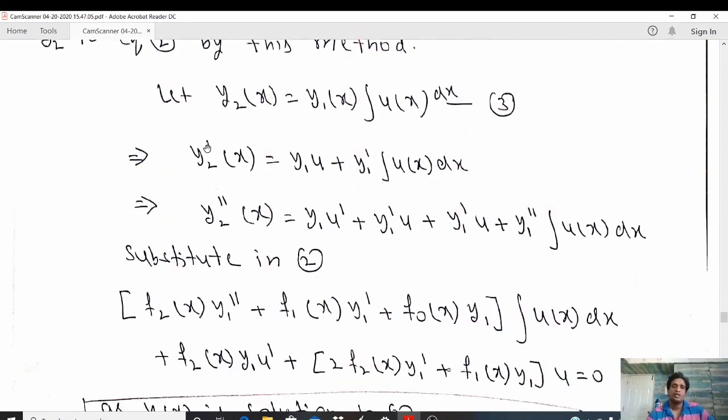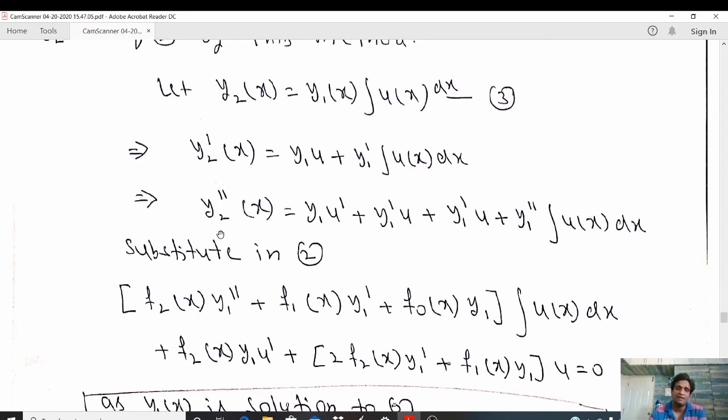Okay. So y2 dash of x, that is y1(x) times the second function, a product function, so we take the derivative of this one, and derivative and integration are both inverse functions. So y1 into u plus y1 differentiation will be y1 dash. Y1 dash means differentiation of y1 into integration u(x) dx.